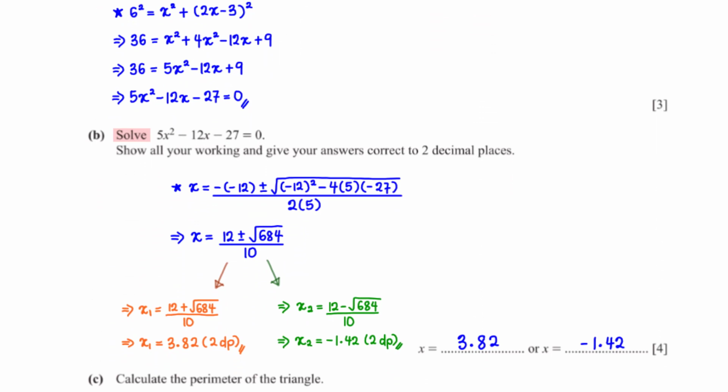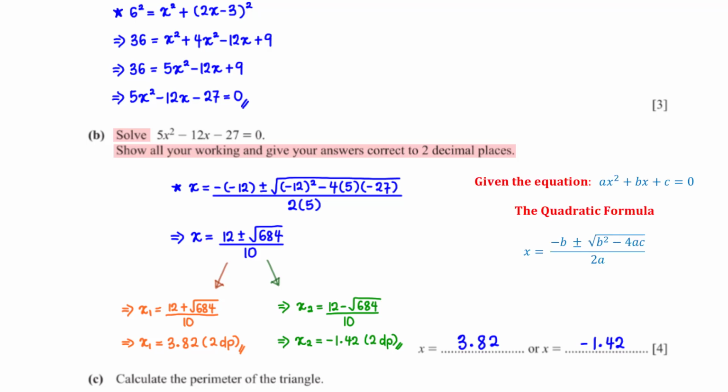Solve 5x squared minus 12x minus 27 equals 0. Show all your working and give your answers correct to 2 decimal places. To solve this equation, we can apply the quadratic formula. When we apply the quadratic formula to the given equation, this is what we get.